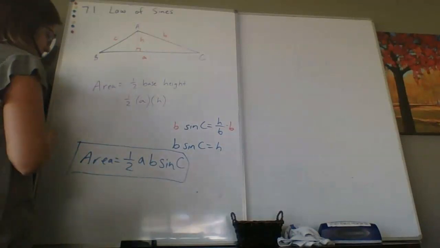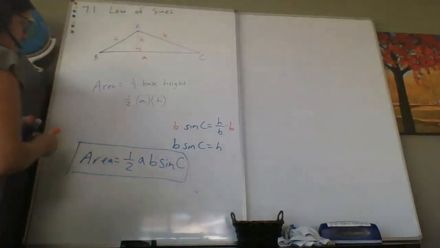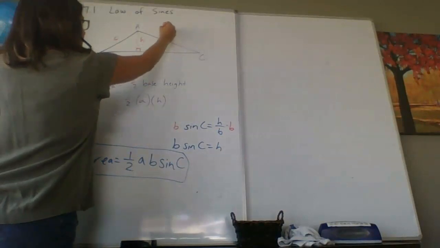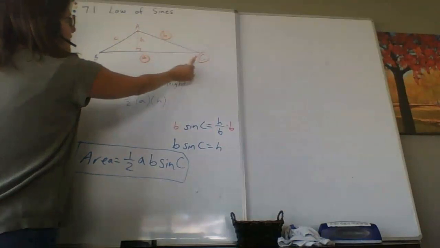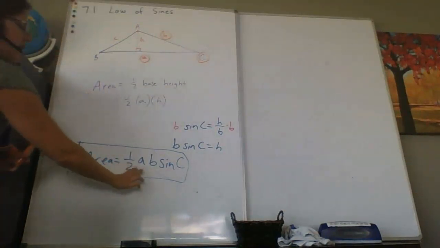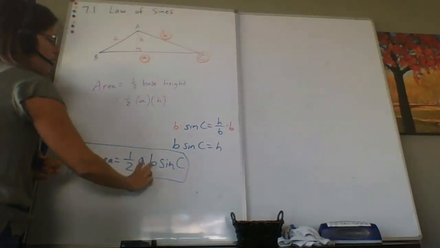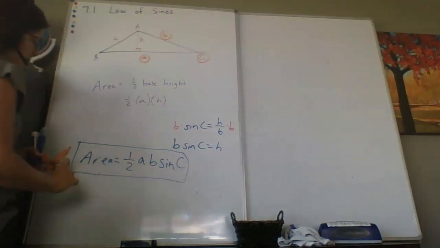If you look at the role of side A and B and angle C, notice it's two sides and the angle between them. So this formula really applies to any two sides and the angle between them.